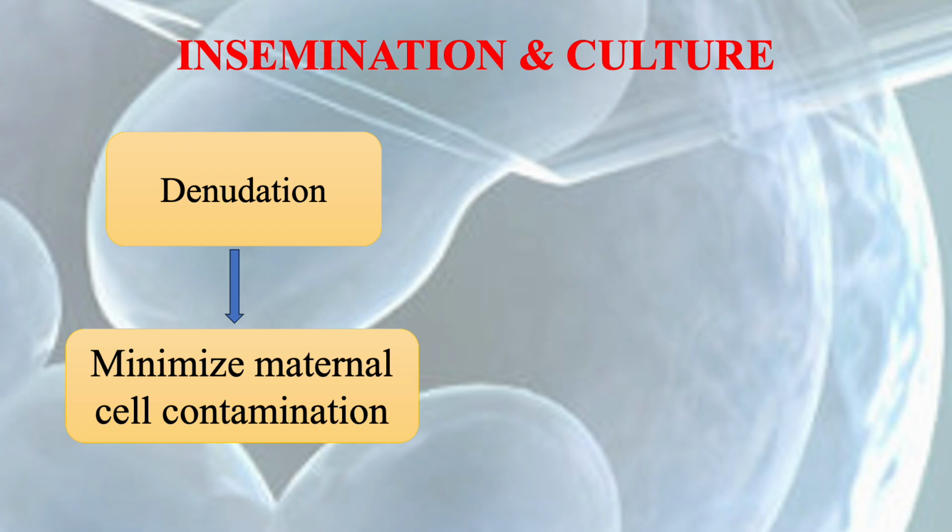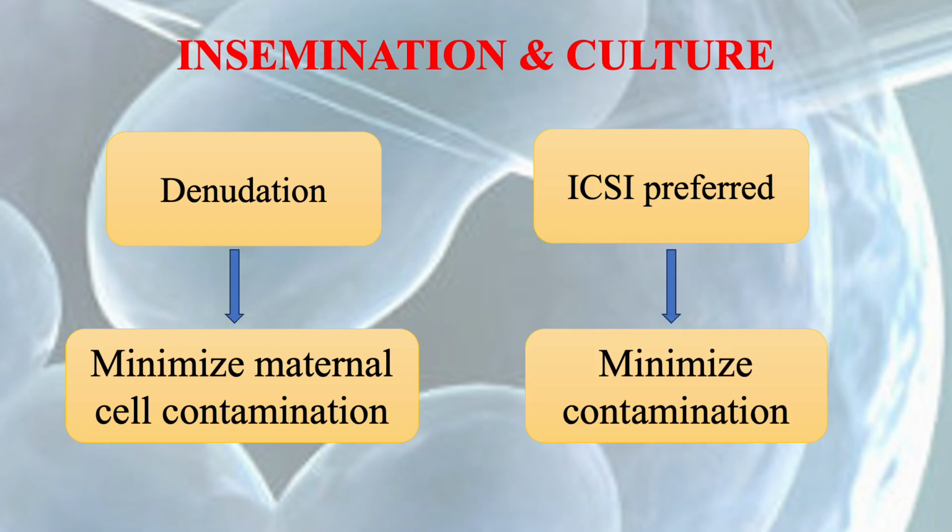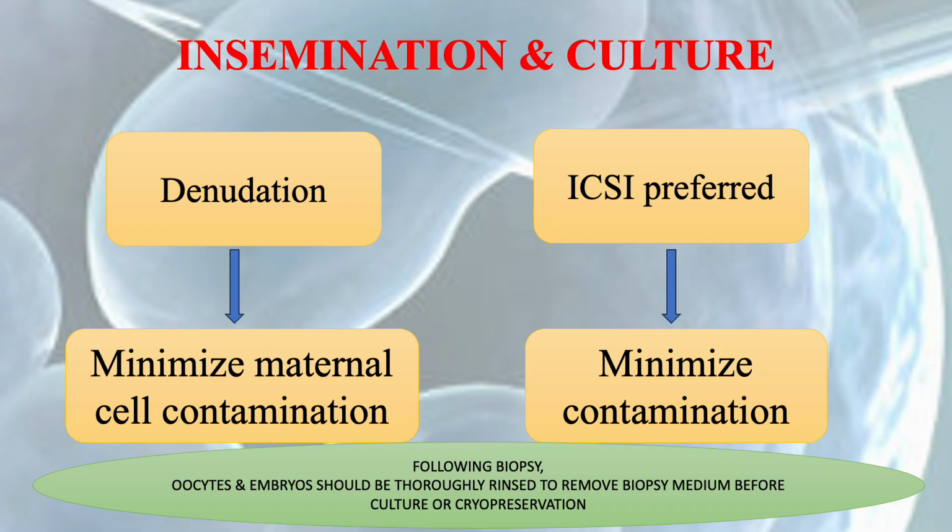So that's why denudation is done. ICSI is preferred rather than IVF because it also helps in minimizing the contamination. Following biopsy, the oocytes and embryos should be thoroughly rinsed to remove biopsy medium before culture or cryopreservation.